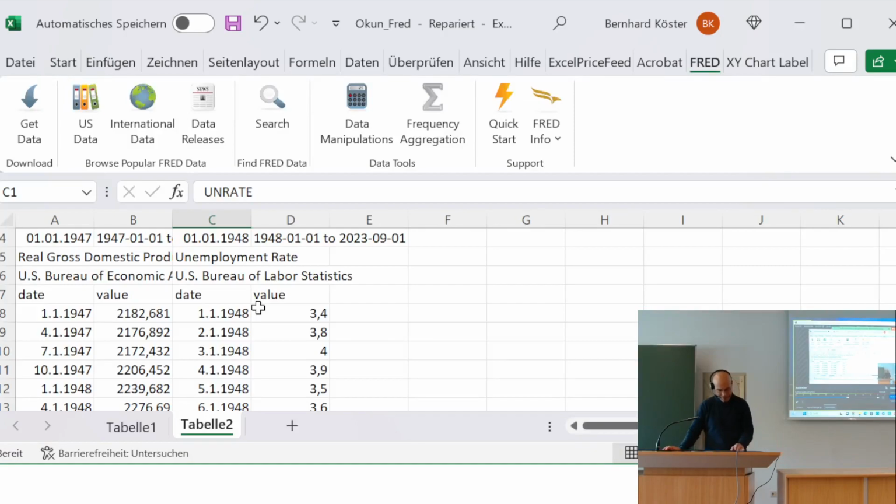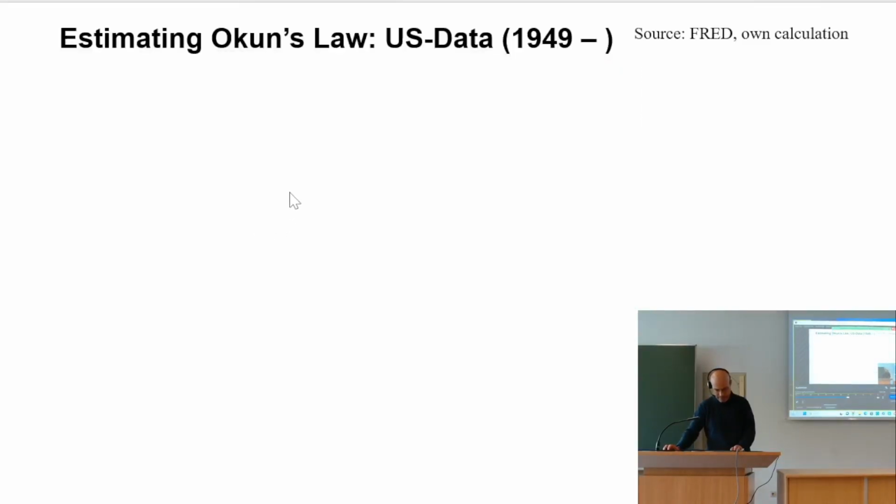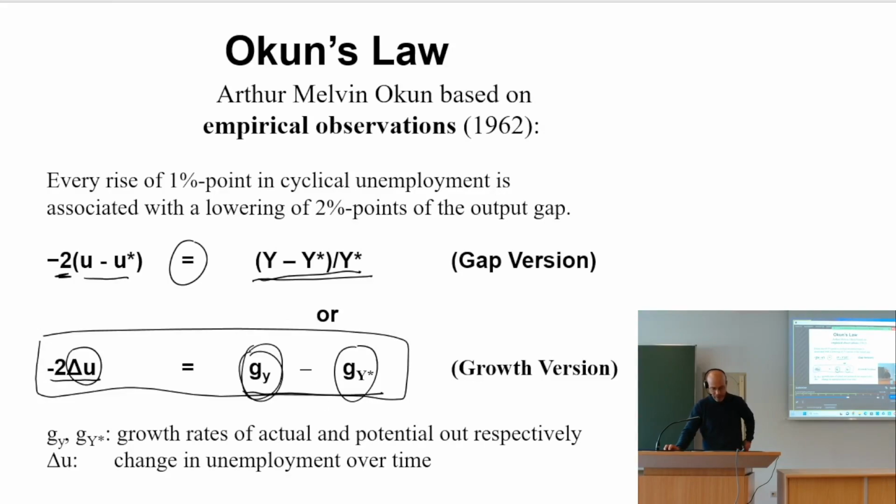In this growth version of Okun's law, we find the growth rates. If we take yearly data, then we take just the value today minus the value in the former year. If we take quarterly data, we can also think of what would be the reasonable change number to calculate.